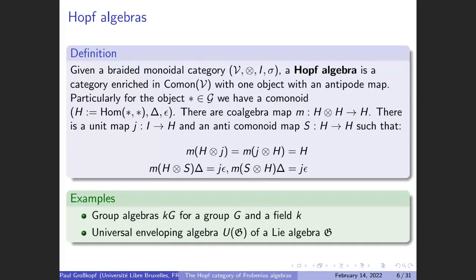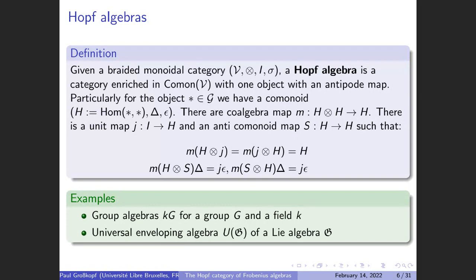So everything starts from the same object and lands in the same object. So a Hopf algebra can be considered as the homomorphism space from one point to one point. This forms a groupoid. This forms a comonoid, and particularly the composition of arrows should be a coalgebra map or comonoid map, and the unit should be a comonoid map.